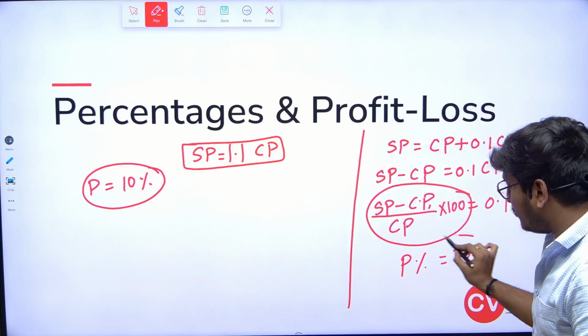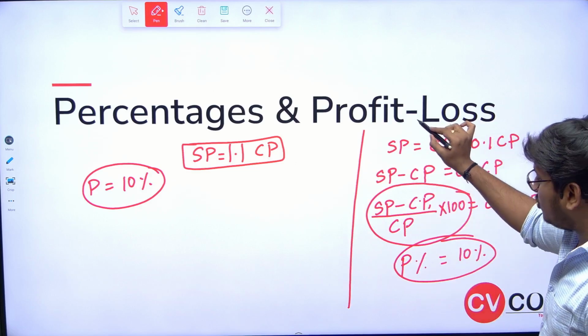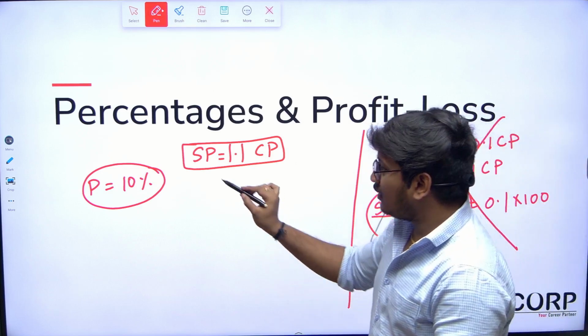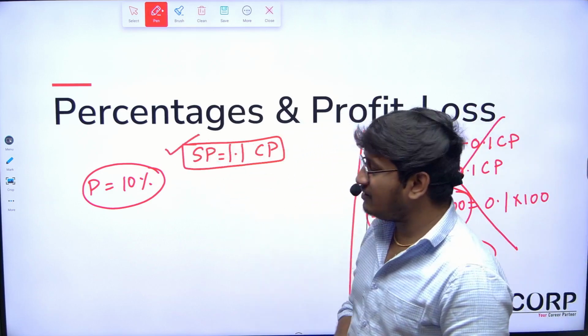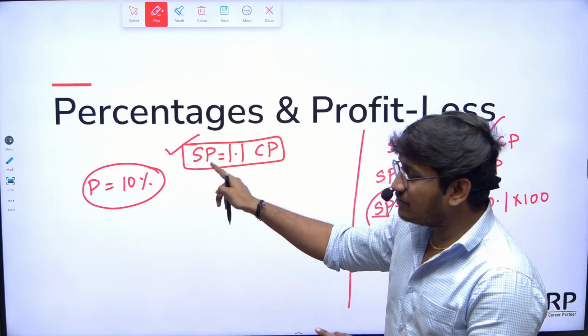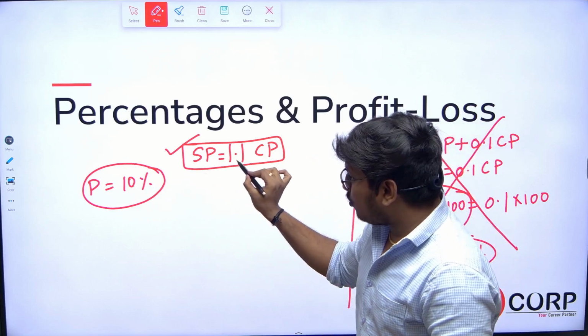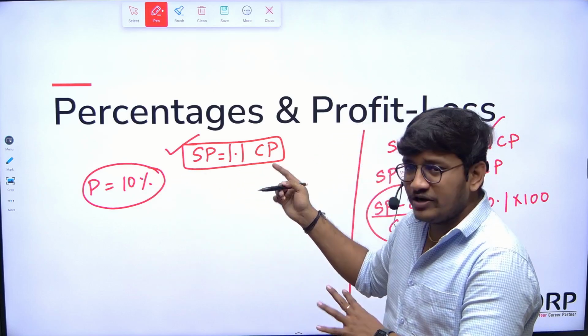So first, I hope you all are clear with this. Rather than doing all these steps in the exam, I prefer to write the same logic as a relation between selling price and cost price. Let's say if it is 10%, how I can write it here is 1.1, very simple.